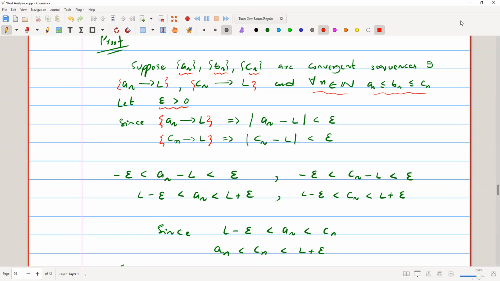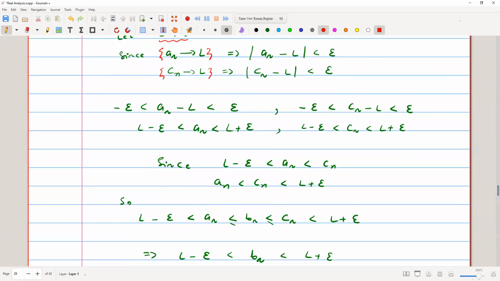So we can exploit these two conditions. Since we can remove the mod, we can write An minus L is bounded between negative epsilon and positive epsilon. Similarly for Cn, we can write that this is bounded between negative epsilon and positive epsilon.